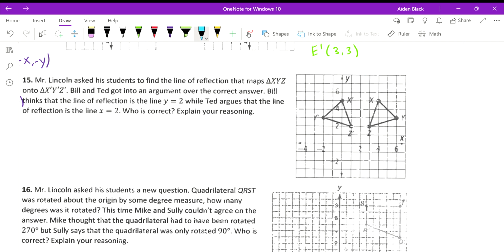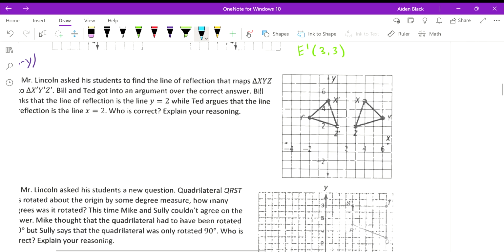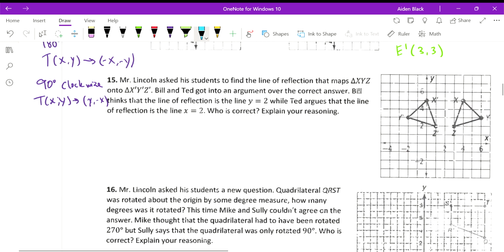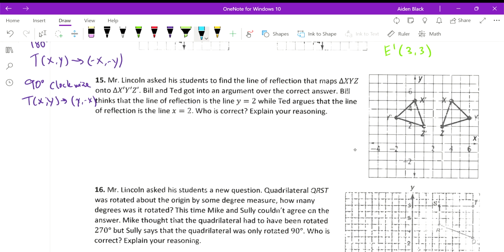Okay, because it looks like it's reflecting over a vertical line right in the middle. 1 unit, 1 unit. 2 units, 2 units. 1, 2, 3, 4 units. 1, 2, 3, 4 units. Good. Looks good. So, Ted's right. Good job, Ted.